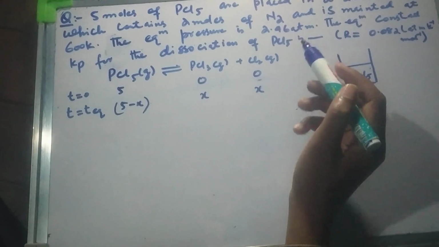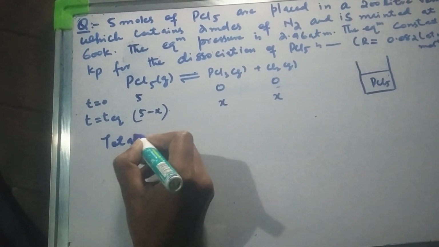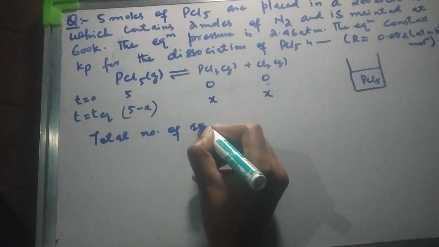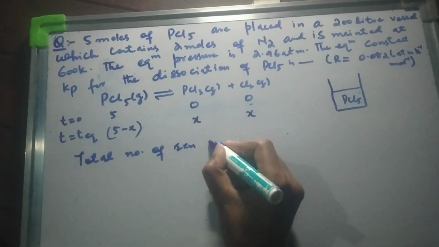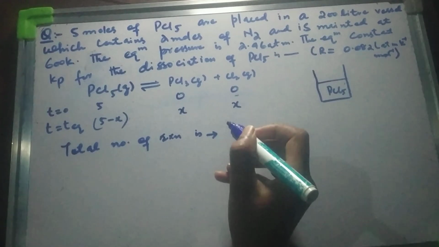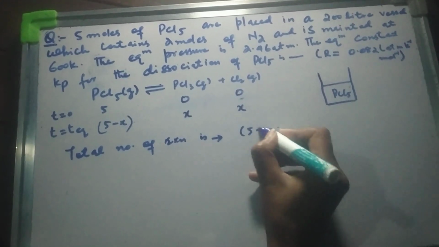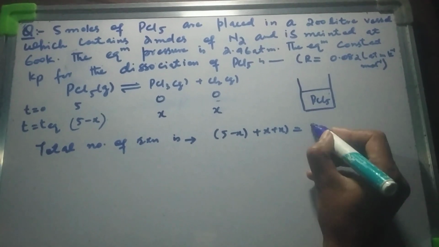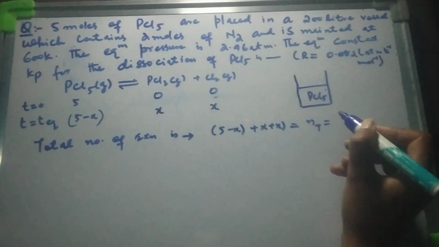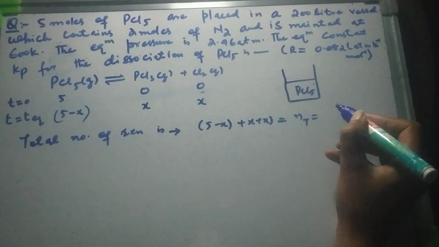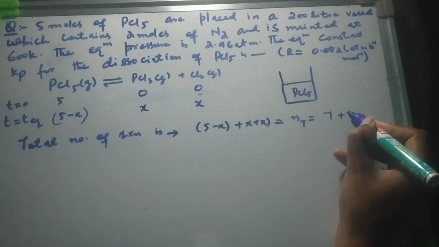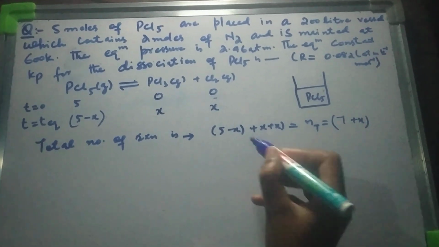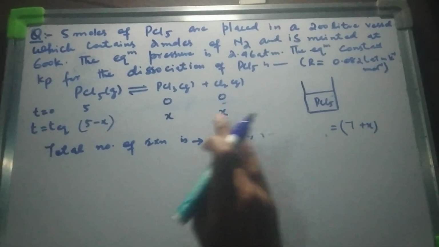The total number of moles at equilibrium will be 5 minus X plus X plus X, plus the moles of N2.